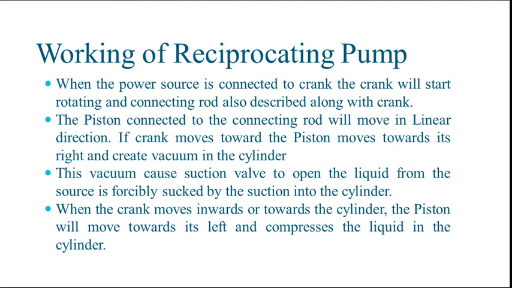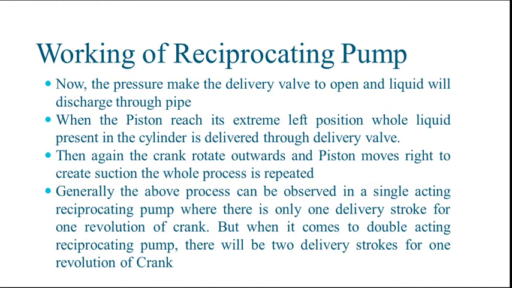When the crank moves inwards or towards the cylinder, the piston will move towards its left and it compresses the liquid in the cylinder. Now, the pressure will make the delivery valve open and the liquid will be discharged through the pipe.